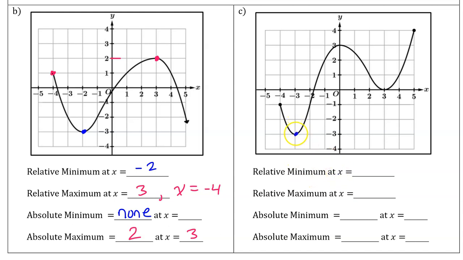So definitely we will look at the bottom of any dips. So we have a relative min at x equals -3, and we have another one at x equals +3. These endpoints are high points, so we'll save those for relative maxima.